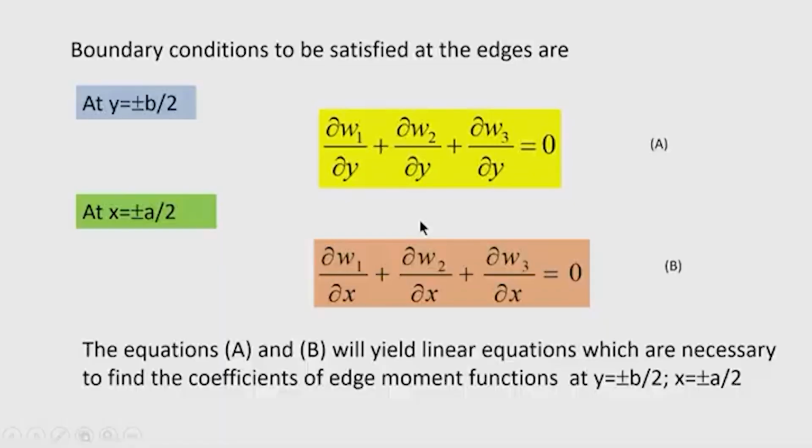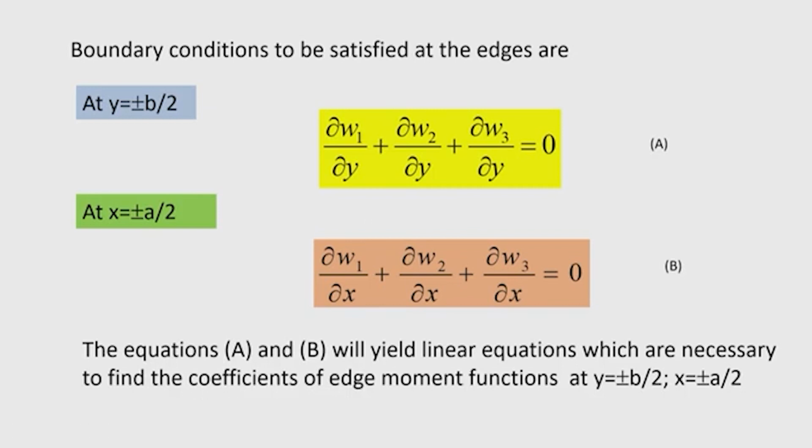the two cases, because the moments are applied in one case along the x axis, and in another case the moment is applied along the y axis. So, you will get the two coefficients of this moment function, and therefore, the fixed end moments are determined. Once the fixed end moments are determined, then you will be able to find the deflection completely.